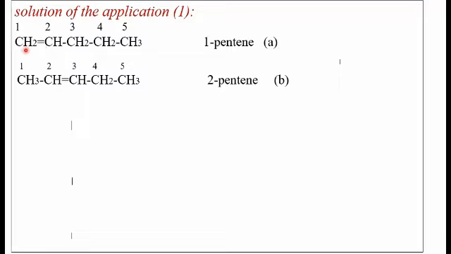I want to begin numbering nearer to the double covalent bond, so I begin numbering from here. We have 5 carbon atoms and the position of the double covalent bond is on the first carbon atom, so the nomenclature is 1-pentene. And here the position of the double covalent bond is on the second carbon atom, so the nomenclature is 2-pentene.